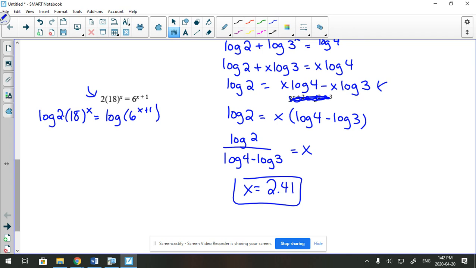So again, this is like you're multiplying right there. So I have a log base 2 plus log 18 to the x. And on this side here, I just have a log. I'm just going to kind of keep it the same. Then all those exponents, once you have it all in logarithmic form, you can pop those exponents in the front.